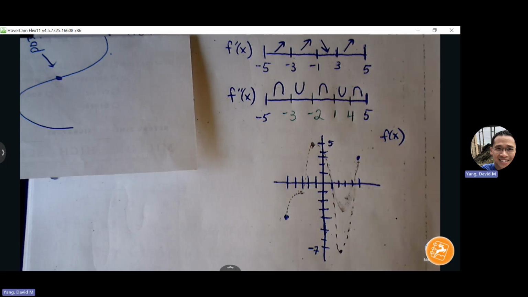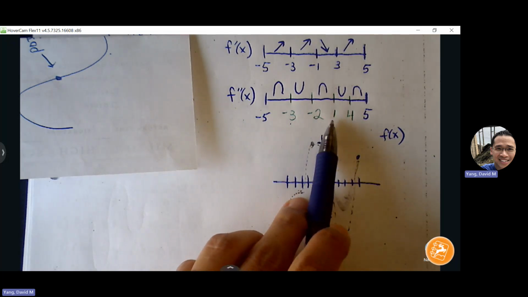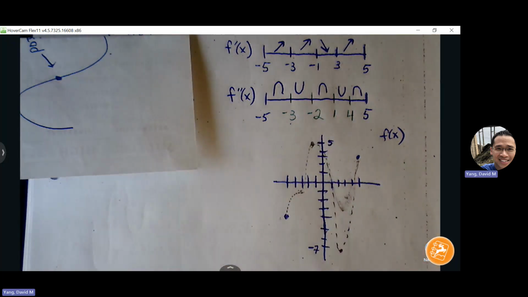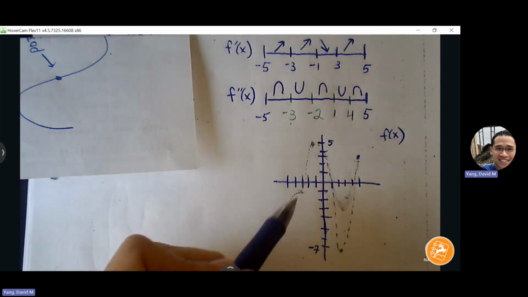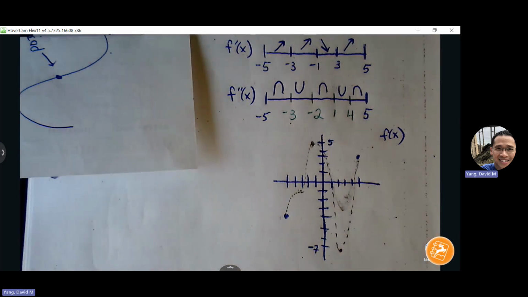Okay, so now we're going to see wherever your graph lands at -3, -2, 1, and 4, go ahead and plot that point because that's going to be your point of inflection. The Y value doesn't matter as long as wherever the graph lands at -3, go ahead and plot that point. I'm going to highlight those points there.